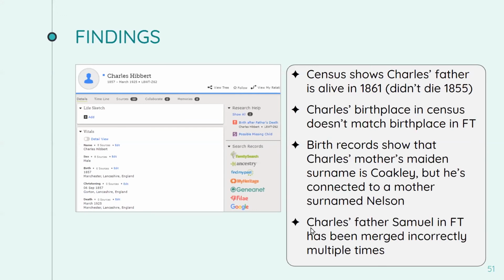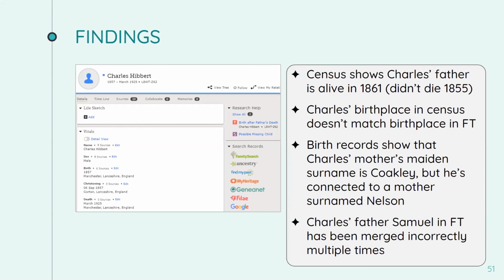So then I did a little digging on Charles' father, Samuel, and it turns out that he's been merged, probably at least 5 times, by some fluke, merged incorrectly, I should point out. By some fluke, a bunch of Samuel Hibberts married a bunch of Elizabeths, which, in England, as you may know, is not an uncommon name.